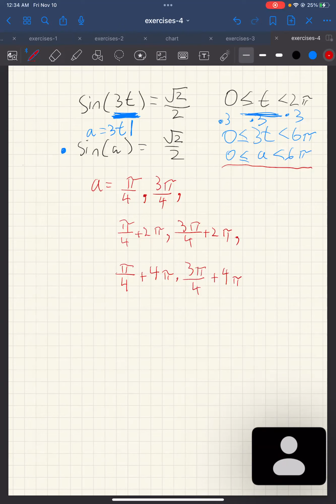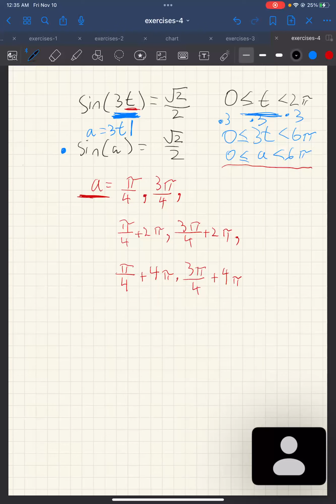Well, are we done? Did we find the answer that it asked us to? We found solutions for a, but it didn't ask for solutions for a. It asked for solutions for t.